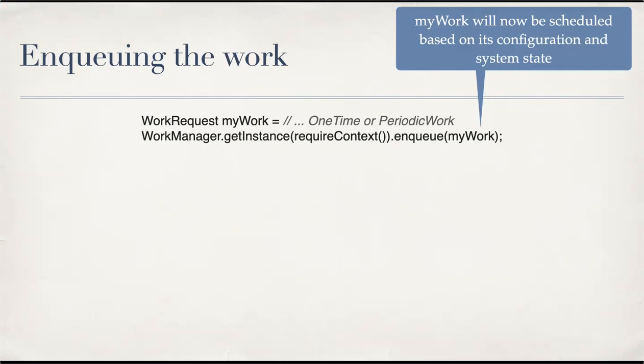Okay, so the question is, this enqueuing code will be part of an activity or a fragment. And what happens if the device is rotated immediately after this call? So the my work instance was enqueued, and then the activity was recreated.